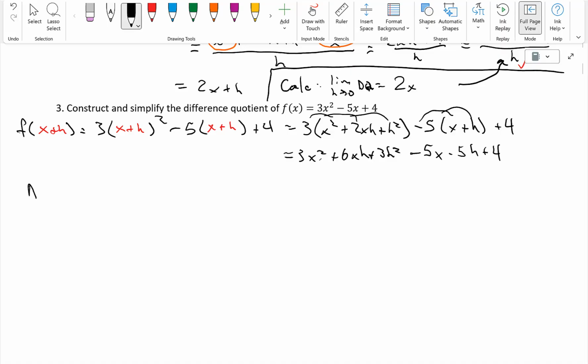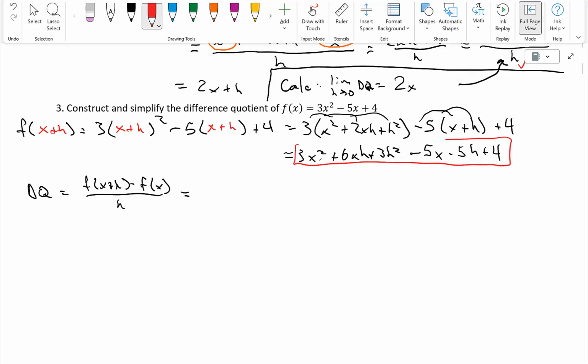So when we substitute into our difference quotient, where we want f of x plus h minus f of x all over h, we get our whole expression we just simplified for f of x plus h, the 3x squared plus 6xh plus 3h squared minus 5x minus 5h plus 4.